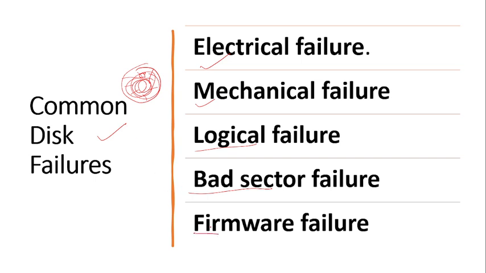Then firmware failure: there is an IC board on the disk, and the software on this board can fail. Then mechanical failure: on the hard disk a spindle and a pin read the disk, and failures related to the rotation or the spindle come under mechanical failures. These are the common types of disk failures.